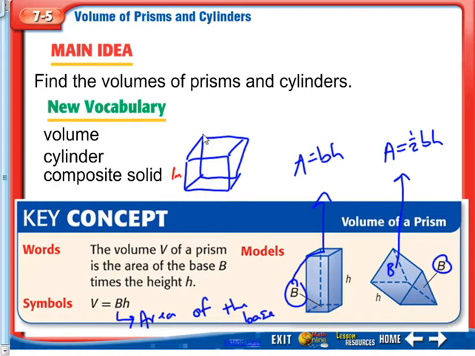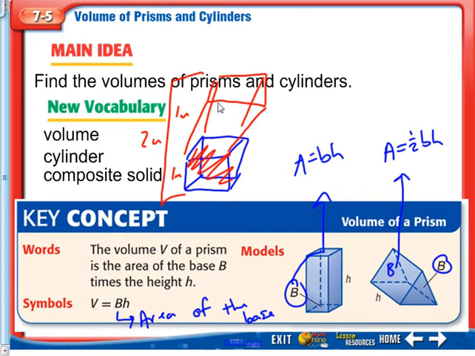Then if we add another story, another level onto it, and this is another 1 meter, then the total height of this two-story building would be 2 meters. So we would just double the volume of the first level to figure out the entire volume. So we're going to be finding volumes of both prisms and cylinders.